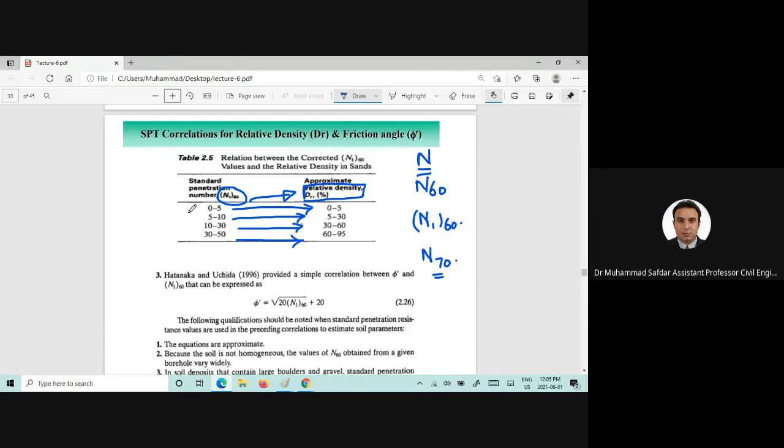For example, if the N160 value is 7, you can easily estimate that the relative density would be between 5 and 30. If the corrected standard penetration number N160 is 50, we would say that it's a very dense sand and the relative density is 95%.